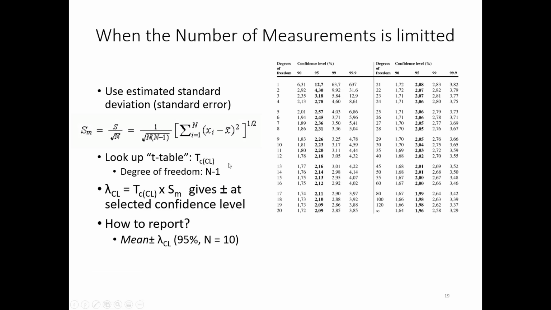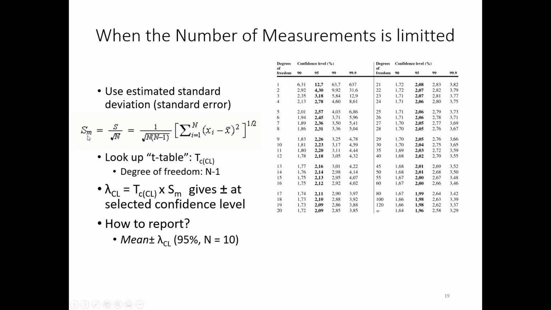As we mentioned before, if you want to have a complete normal distribution, you want to have a standard deviation, you need a lot of measurements, at least 100 measurements. And that's not practical in physical chemistry measurement. So what we do is use the estimated standard deviation, which can be called the standard error, to represent the standard deviation of the whole distribution.